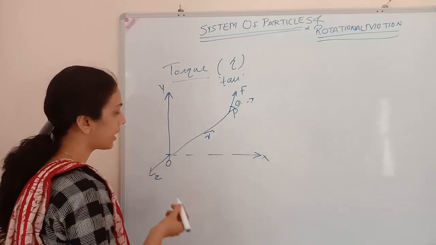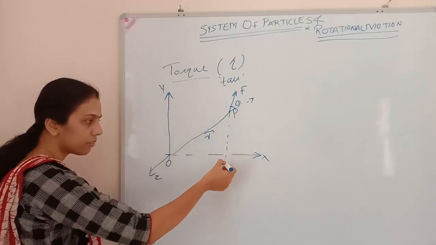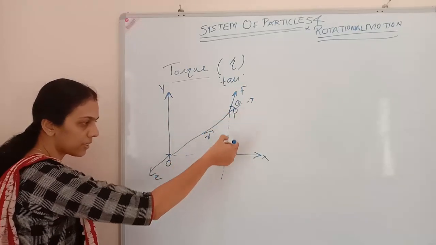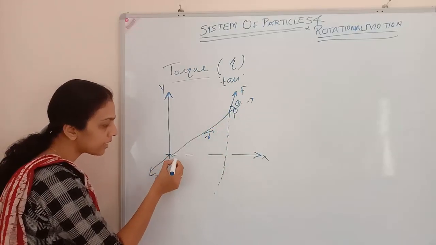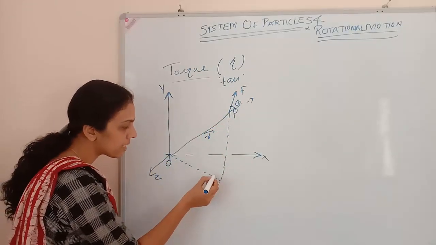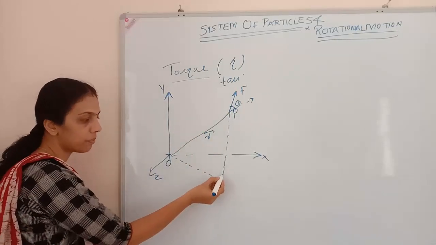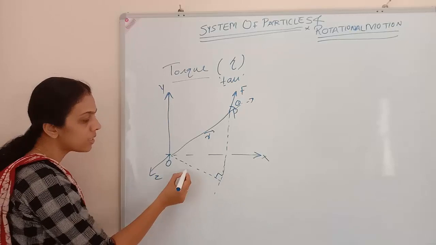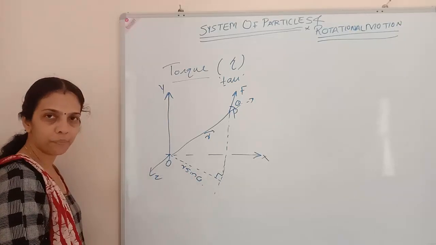Then how can we find the torque acting on the system? I consider the force acting in this direction. I take the perpendicular component, the distance which is perpendicular to this force. This should be 90 degrees. So what will be this distance? This will be r sin theta.